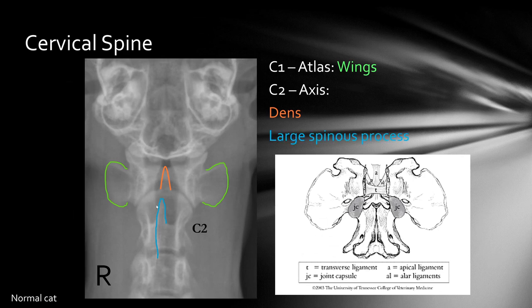And then C2 has a very, very large spinous process that overlaps the entirety of C2, but then extends caudally over C3. And just as a reminder, again, there's no disc space at C1-2. They are just articulating with the dens here.